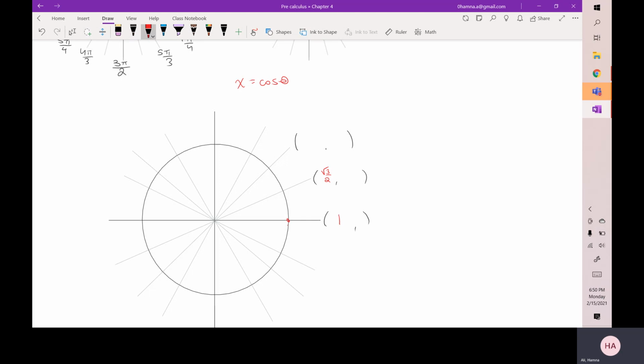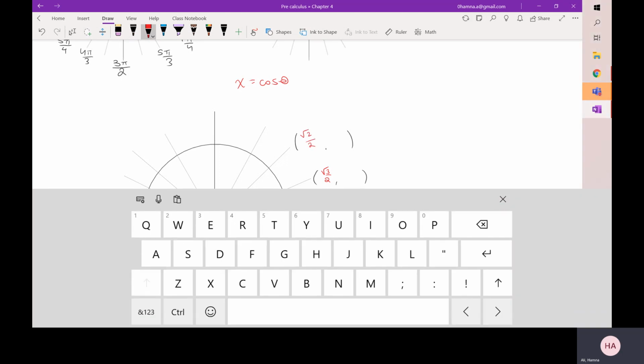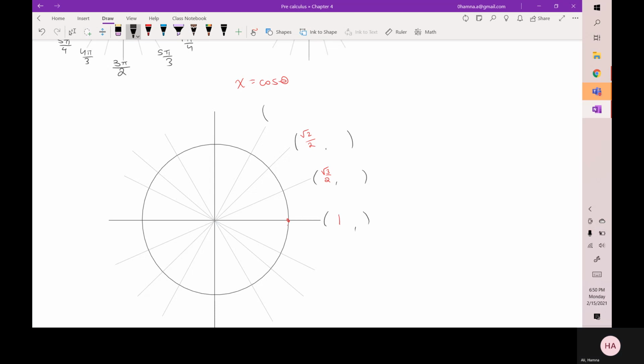Then we go over to pi over 4, and we have root 2 over 2. And then we go to pi over 3, and we have root 1 over 2, which just simplifies to 1 over 2. And then at 90 degrees, cosine of 90 is equal to 0, so we can write this as 0 over 2, but we'll just simplify it to 0.